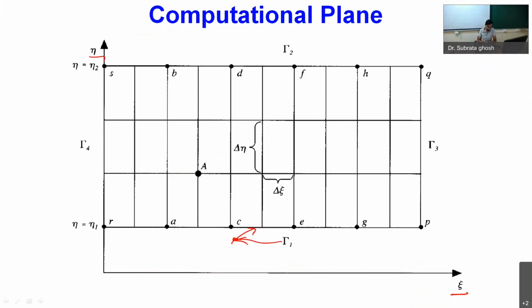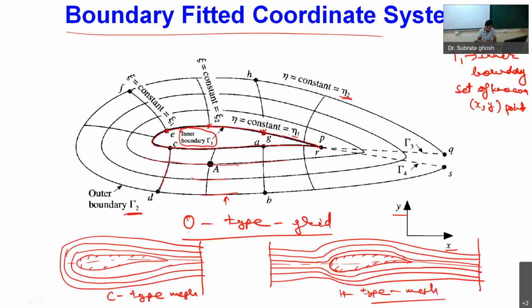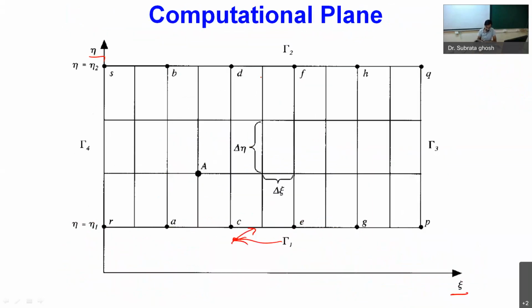And you can find the points which were on the outer boundary, F, D, B, S, Q, H, etc. These points form part of this top boundary, so that's why I'm calling this my gamma 2 function. Okay, so till this point it is clear.